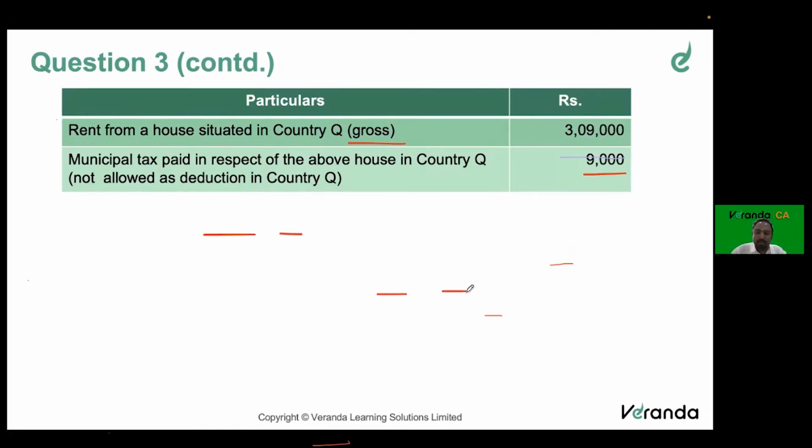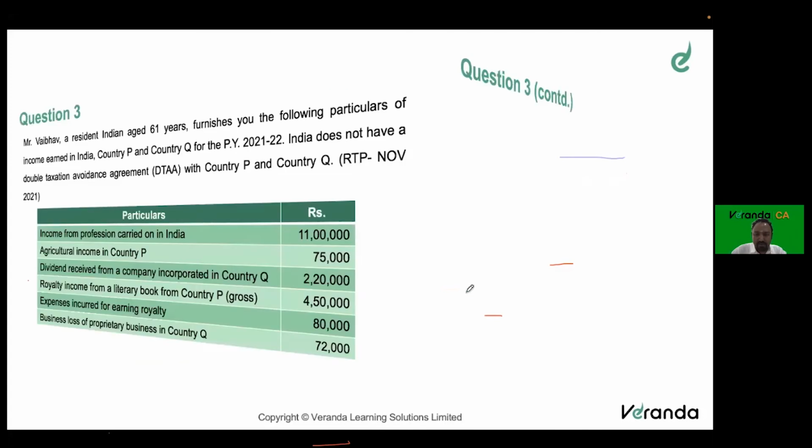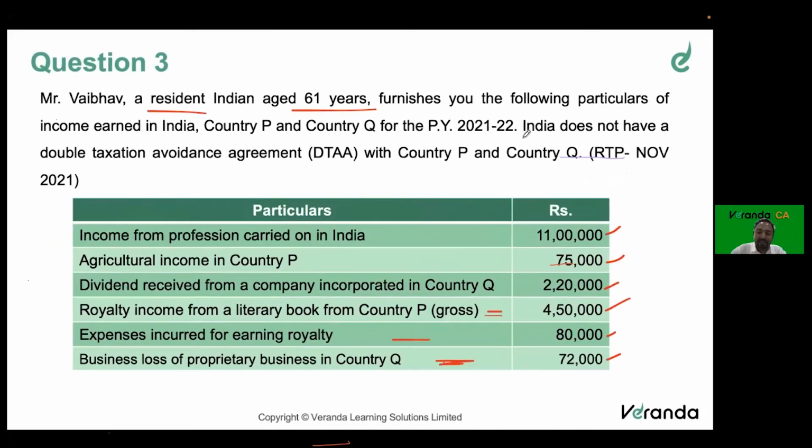One of the most important lines of this question is that India does not have a double taxation avoidance agreement with country P and country Q. This means the applicable section is 91. Section 91 discusses foreign tax credit in the situation where you do not have a double taxation avoidance agreement.